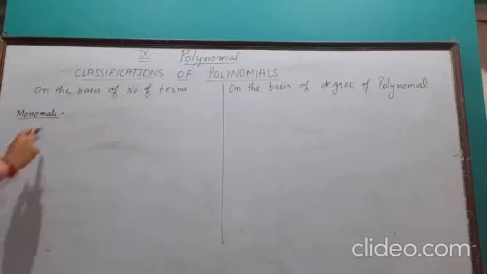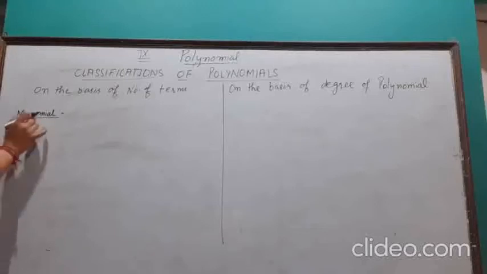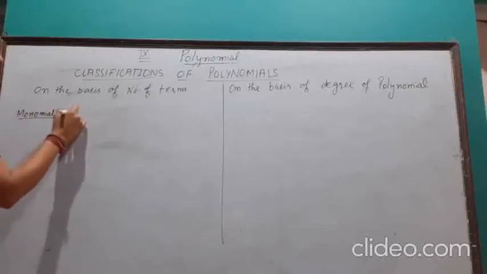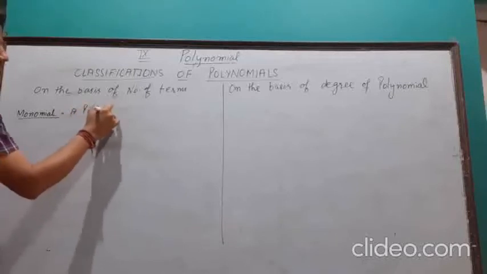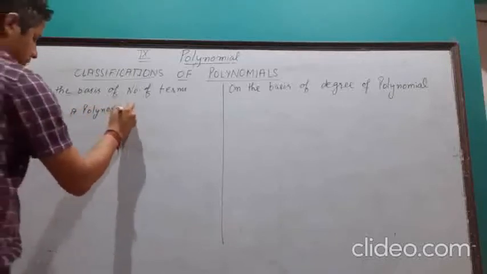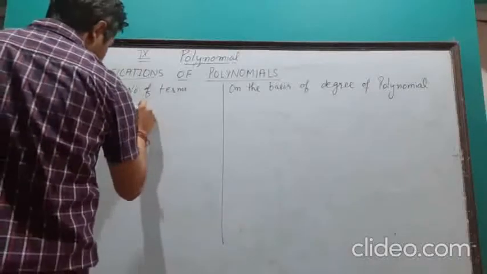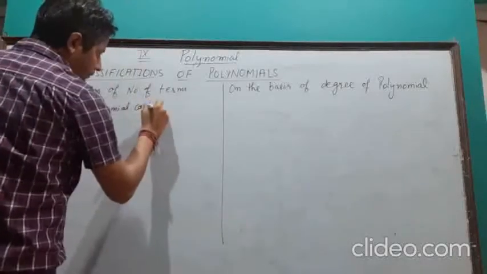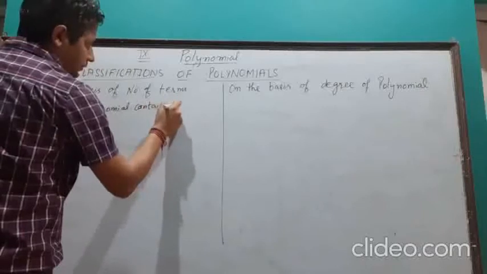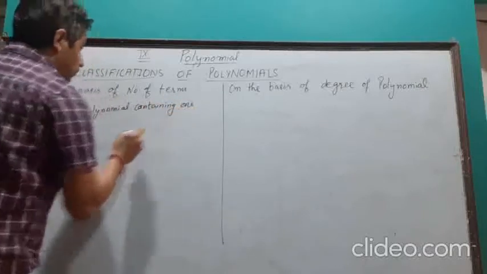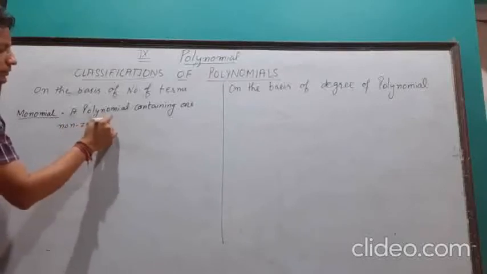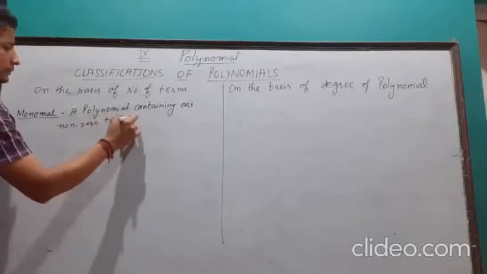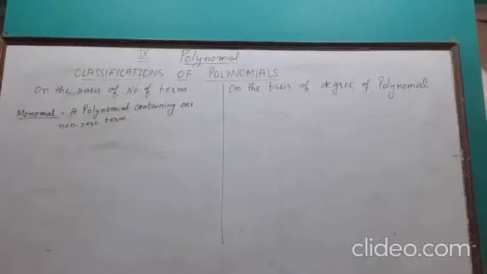As we know, mono means one or single. So, a polynomial containing one non-zero term is called monomial.